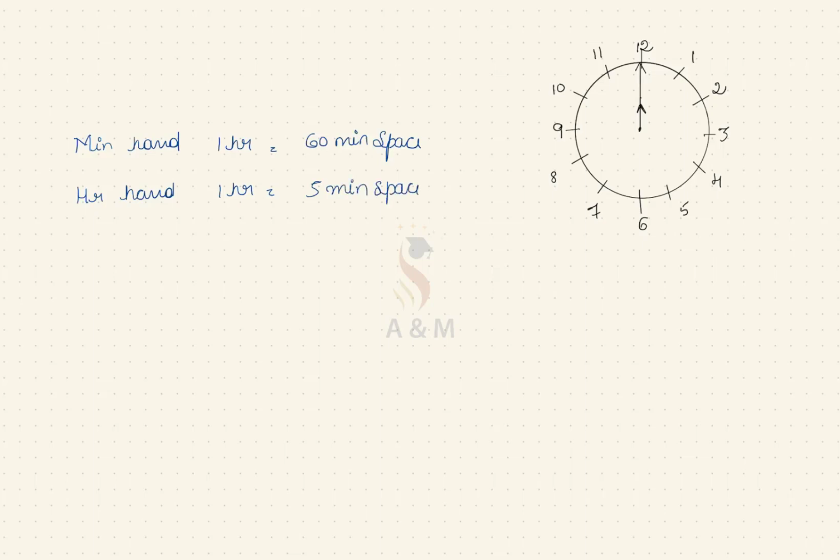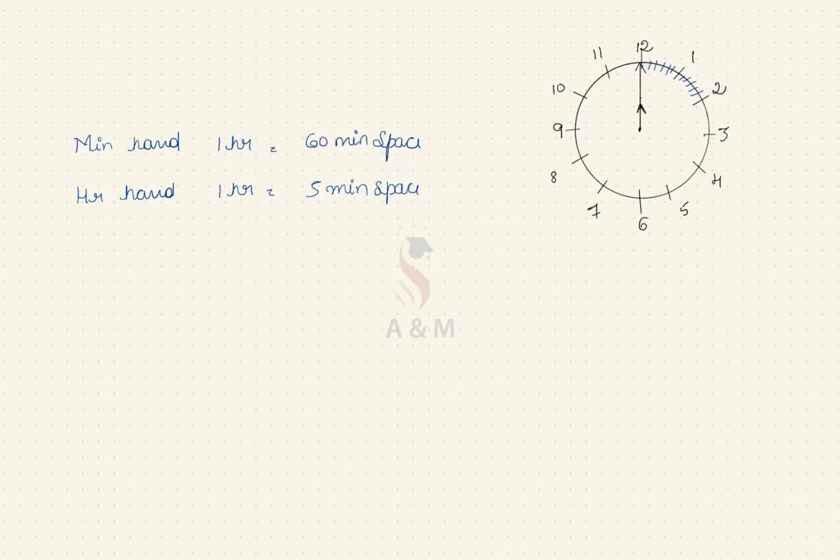Because I have told you here from your shorthand, your hour hand, from 12 to 1, if it has to come, what has to be? It has to cross 5 spaces, right? Between every number there are 5 spaces.